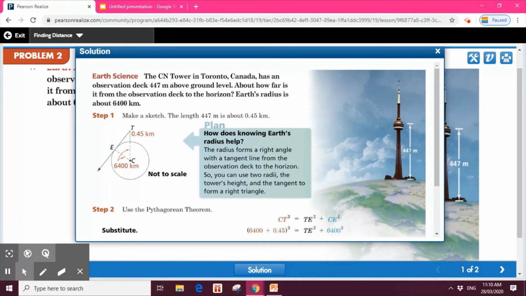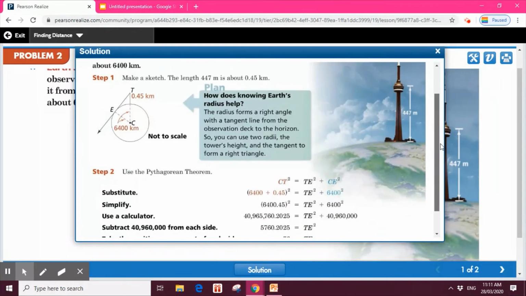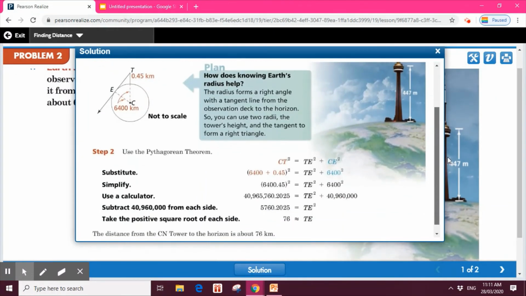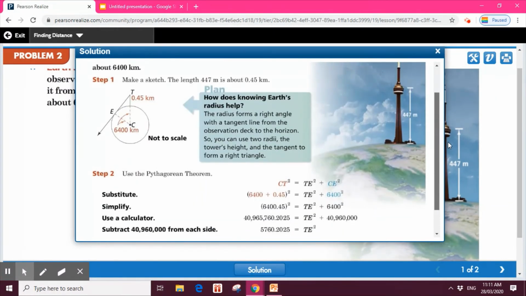Step 2. Use the Pythagorean theorem. CT, or line segment CT squared, is equal to line segment TE squared plus CE squared. This is the same thing as c squared is equal to a squared plus b squared.